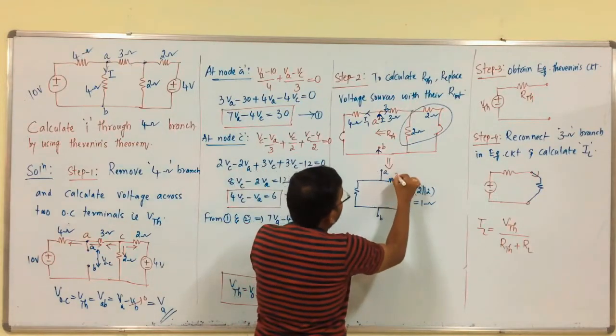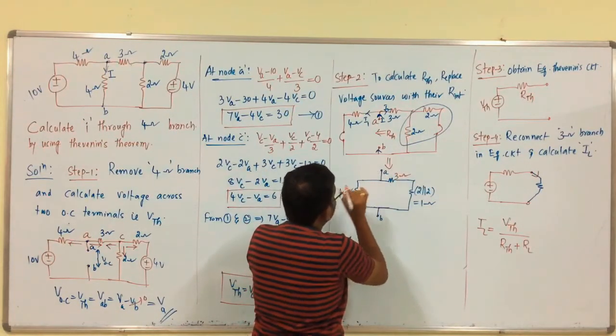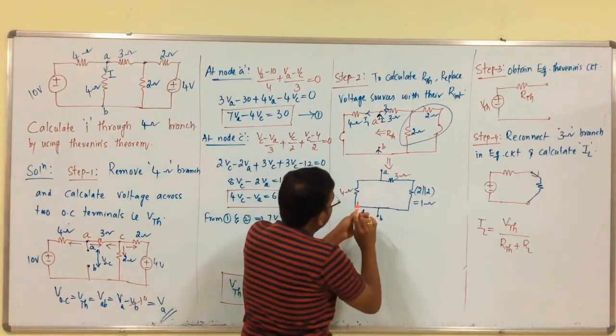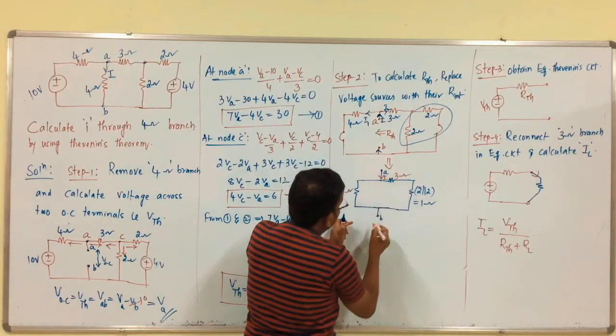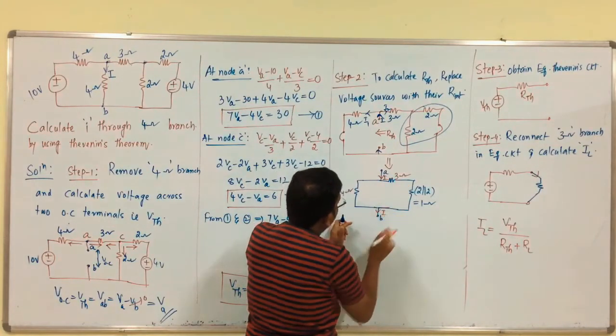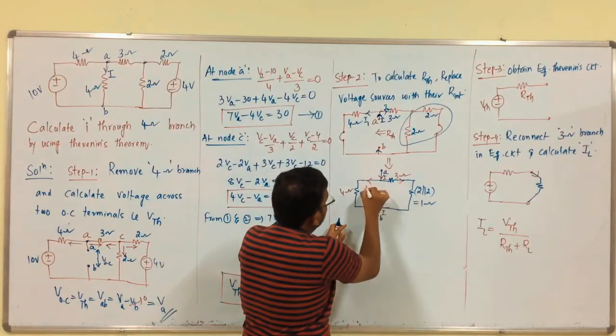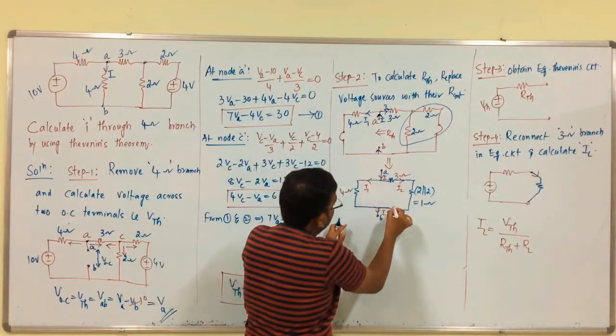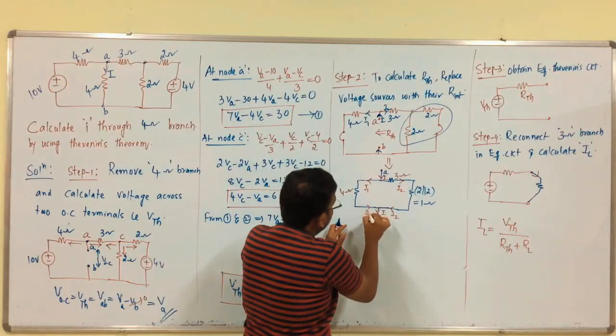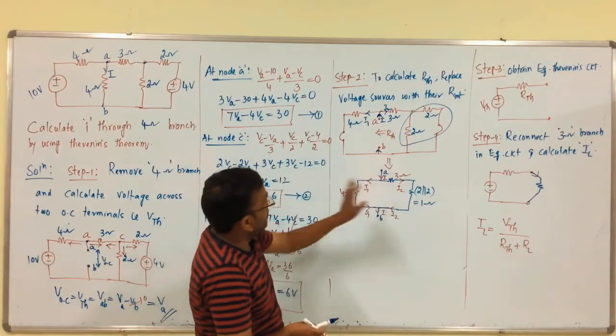This is 3, this is 4, that is current entering is I, leaving is I. That is I1, I2, I2, I1. So, this is the circuit.